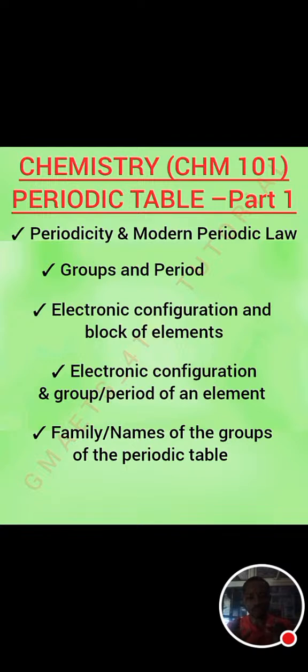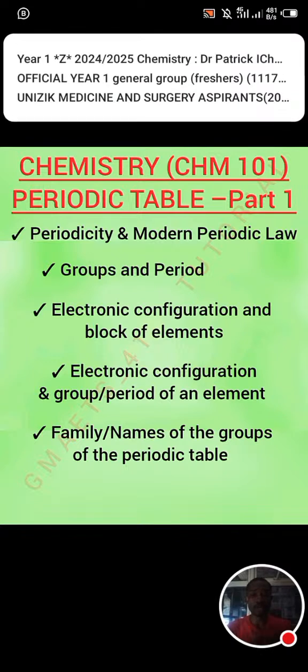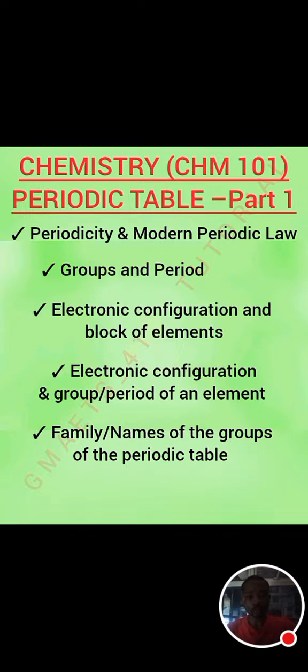So that is one of the most general and direct approaches to determining the block of an element. And of course, that's the reason why we are considering electronic configuration and block of element. Remember, I mentioned I will have 4 blocks, the S, P, D, and F block.